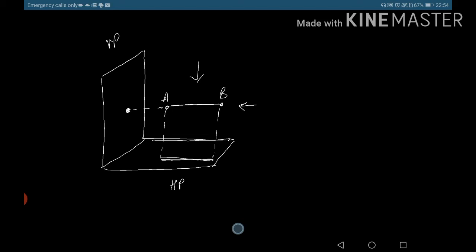You are not able to see this length, the length AB. Is it clear? So these two images are a point and this line. This line aligns itself along the same line. This is our image. After rotation by 90 degree, what will happen?